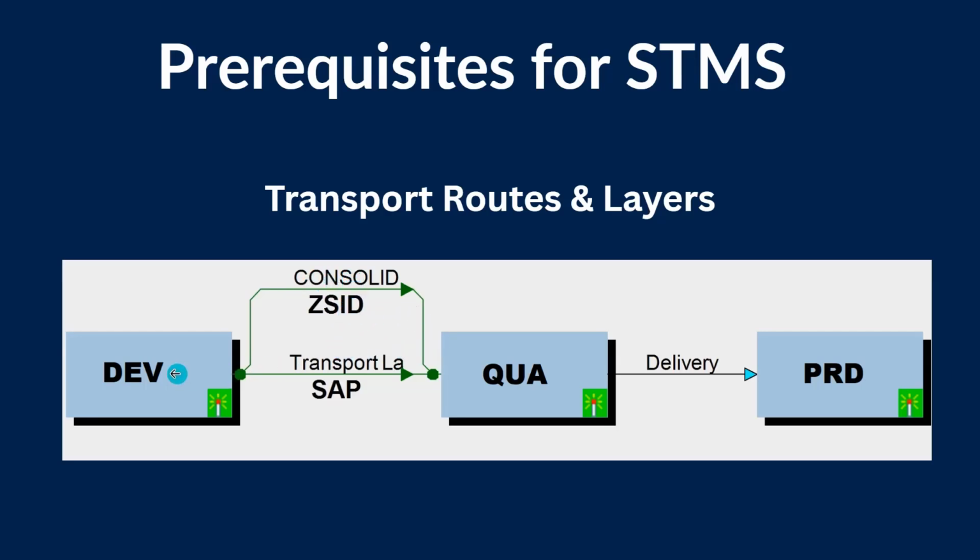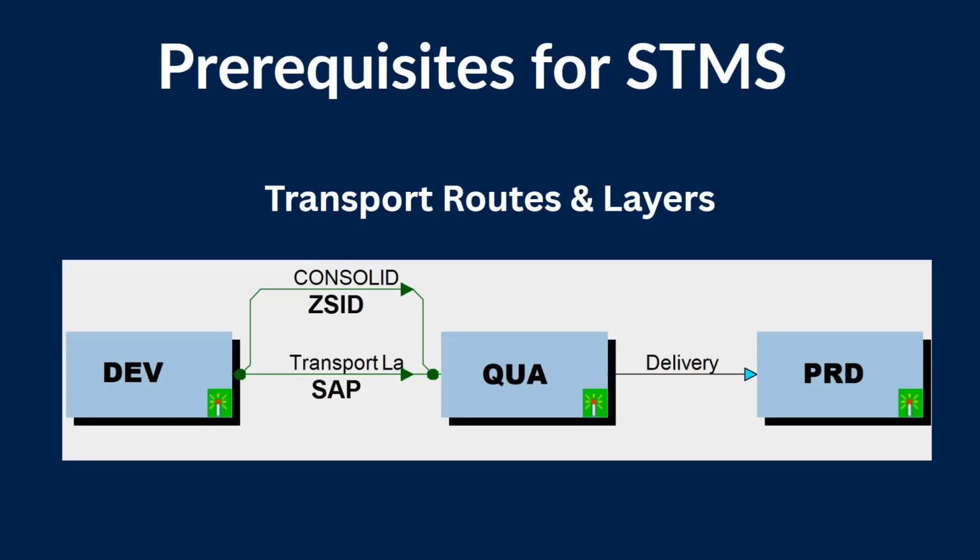As I told you, development to quality we call a consolidation route, and quality to production we call a delivery route. As well, we have two types of layers: the customized layer and the SAP standard layer. These must be defined correctly and drawn perfectly without any mistakes.